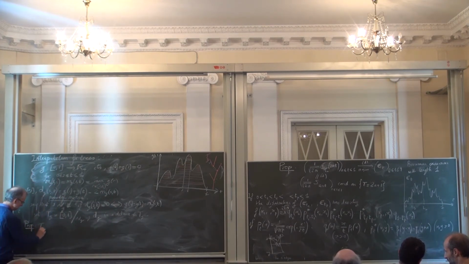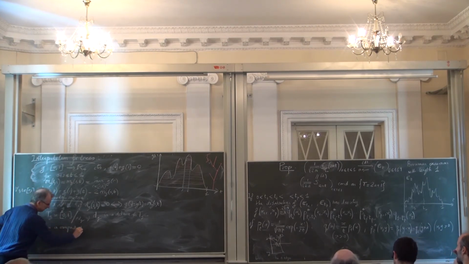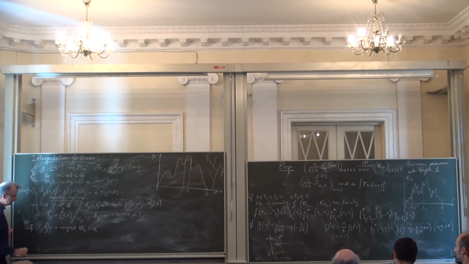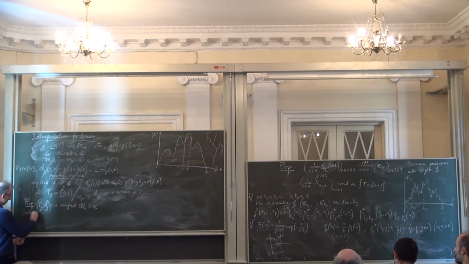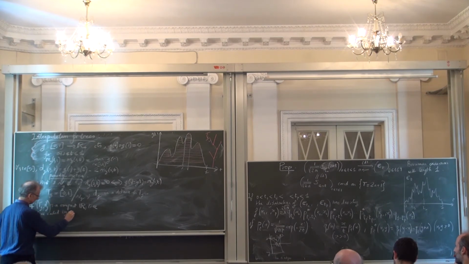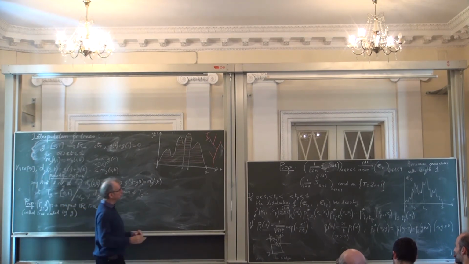So there is a proposition saying that T_g is a compact R-tree. Maybe I will say what I mean by that. Of course this is viewed as a metric space. So T_g equipped with this metric d_g is a compact R-tree called the tree coded by g. And usually one also views this as a rooted tree.